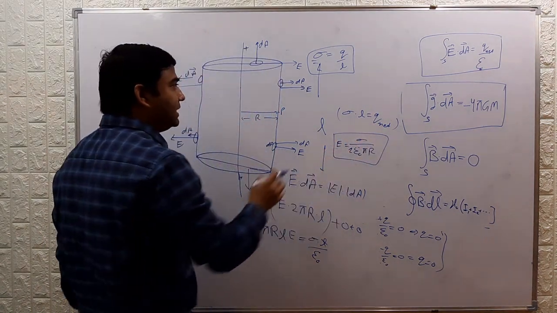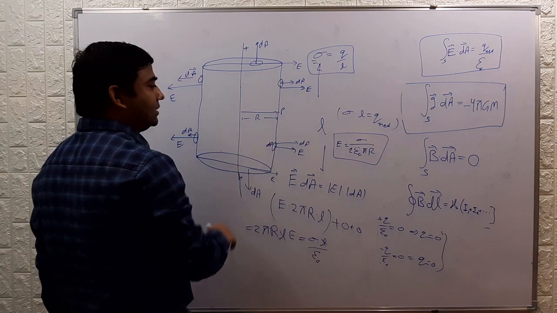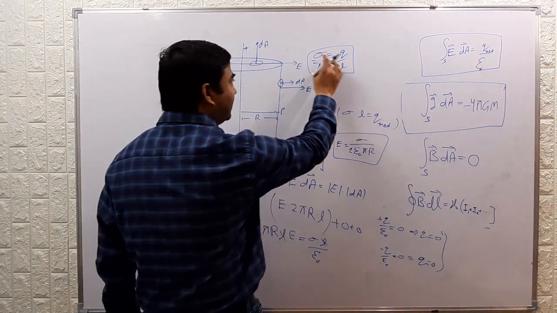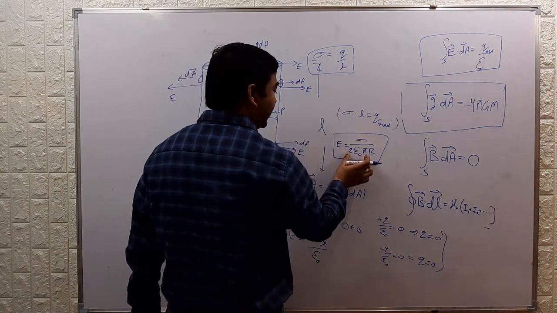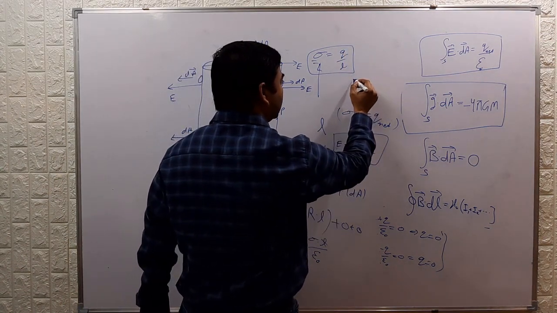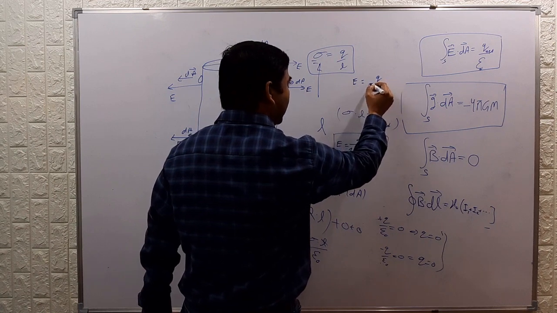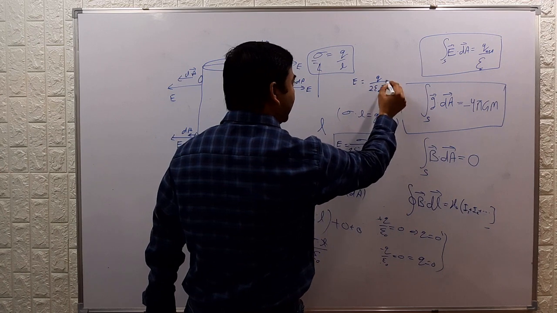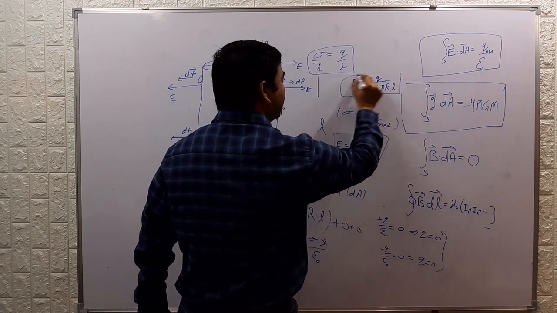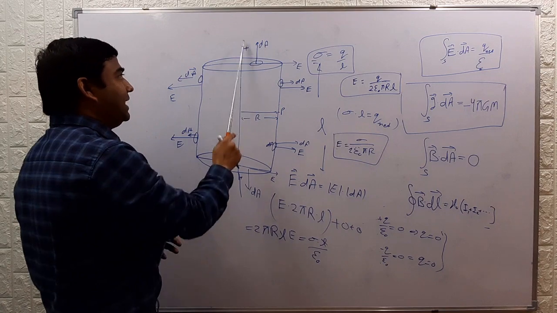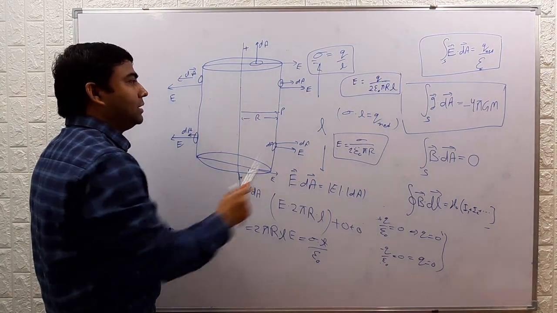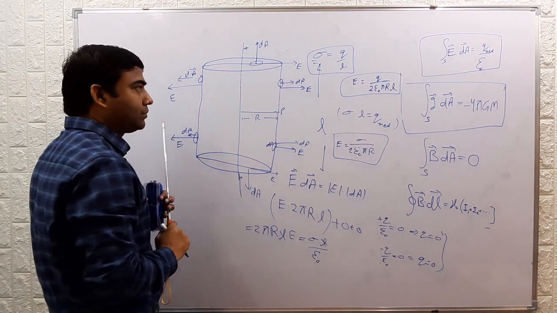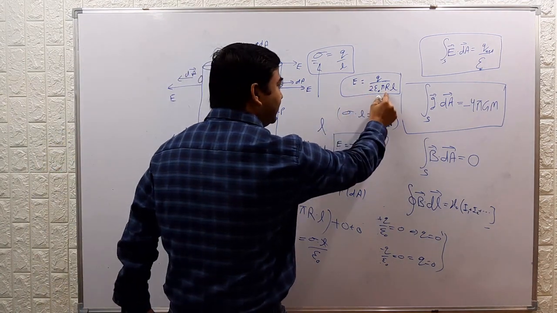Let the total length of wire be L, then sigma will be Q by L. So you can find E is equal to Q by 2 epsilon 0 pi r L. If the length of wire is L and the charge on the total wire is Q, then the electric field will be this.